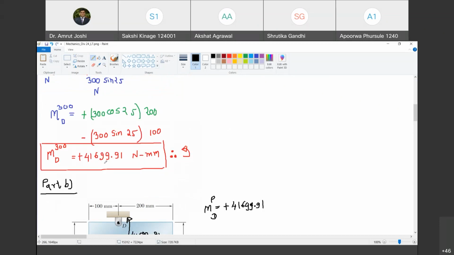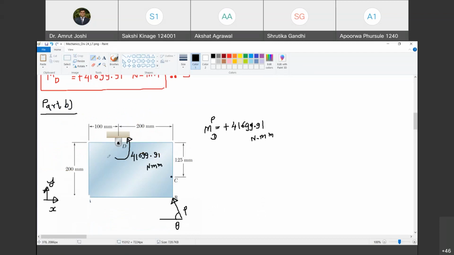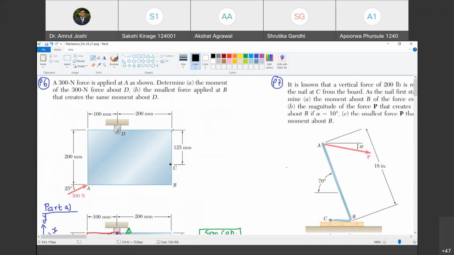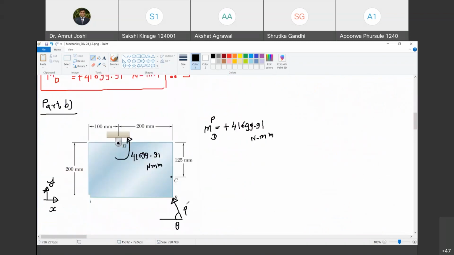This is right? 41699.91. Yes, sir. Okay, this is Newton mm. This is given. This P produces this much moment at D. And what you have to find out? You have to find out the smallest value of P that can produce this moment. Are you with me? Yes, sir.